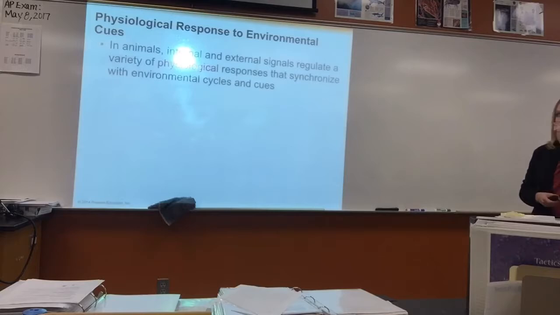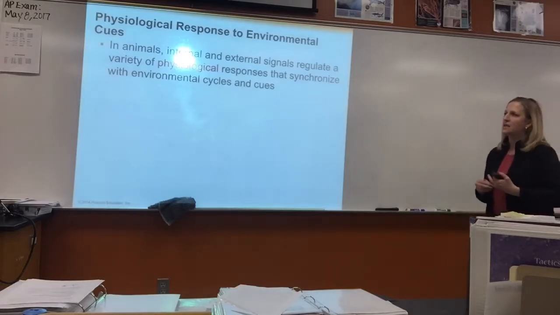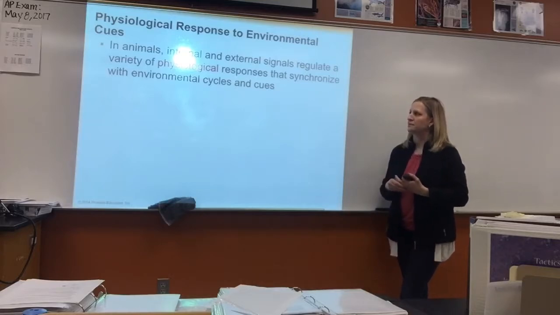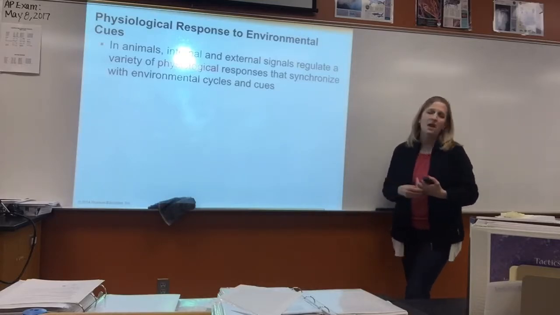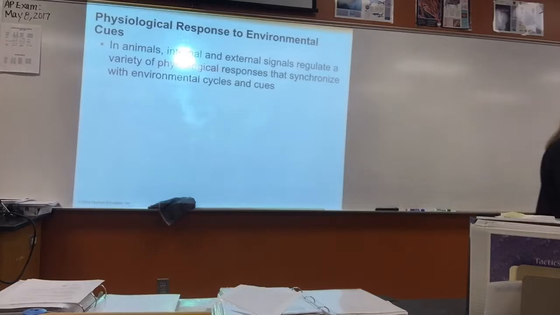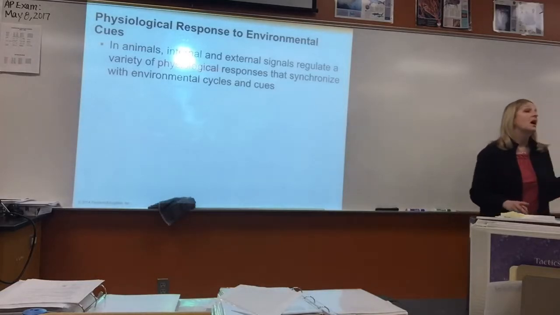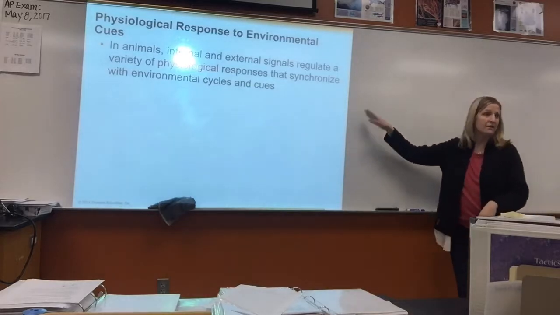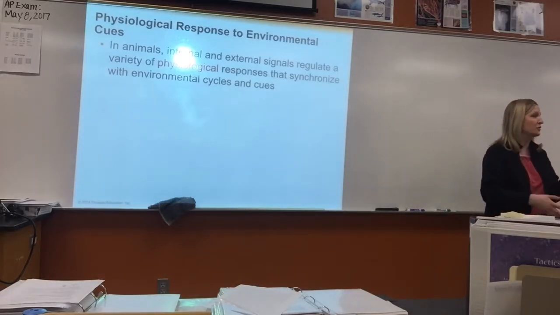So in animals, internal and external signals regulate a variety of physiological responses that synchronize with environmental cycles and cues. So in this chapter we'll talk about what triggers animals to migrate at certain times of the year. So that's an environmental cycle and cue. So we'll talk about temperature and daylight.